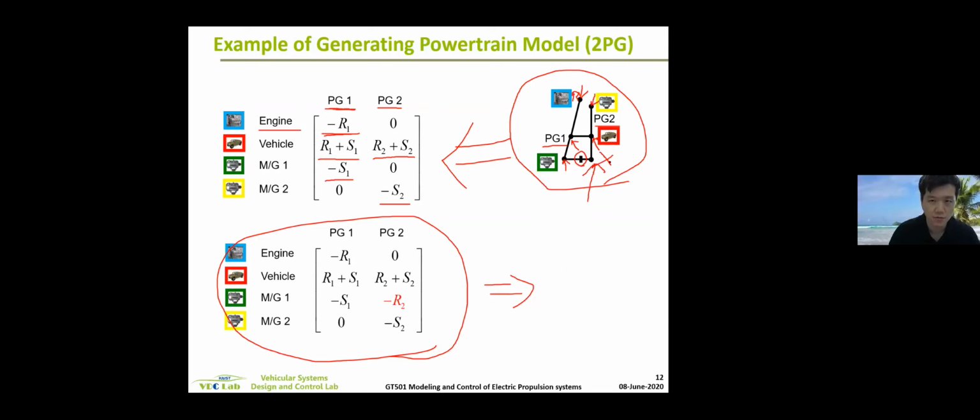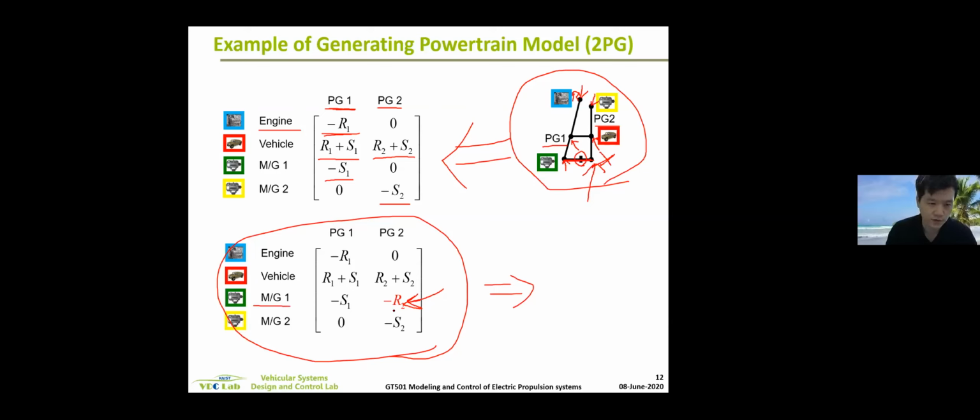Now, remember when we had 2 mode, we had to drive this twice, right? Do you remember? But now all you have to do is change this value, this R2. That's all. Because now connection is linked with MG1, right?